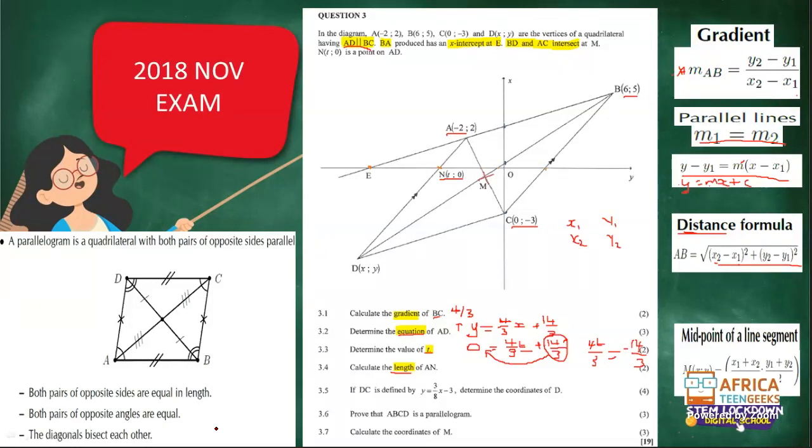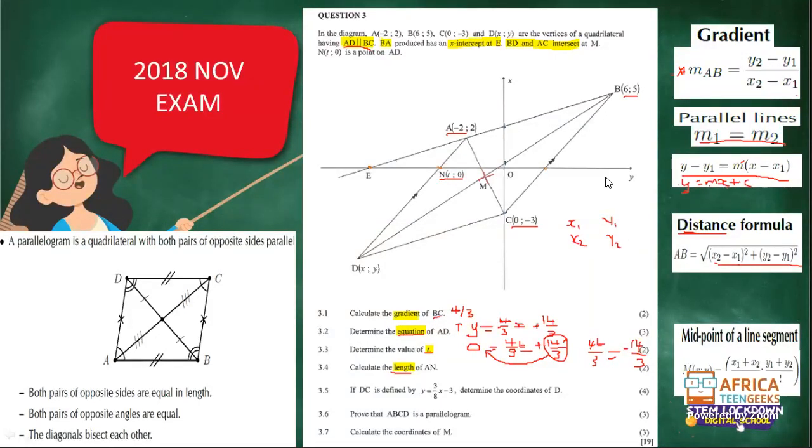So what do you get for your length of AN? Remember, make sure that this is your x2, x1, and if there's a negative value, like in this case, you have a -2, and it's your x.